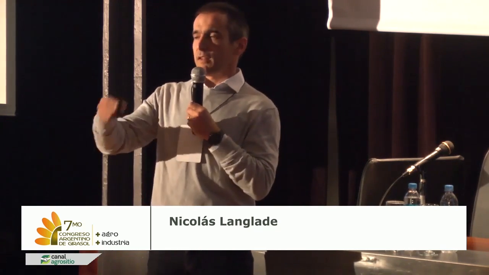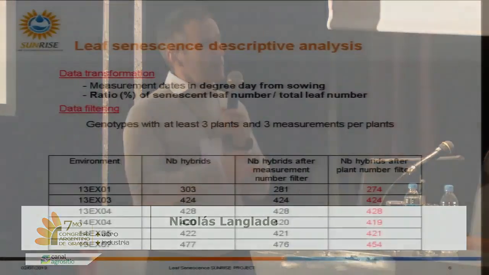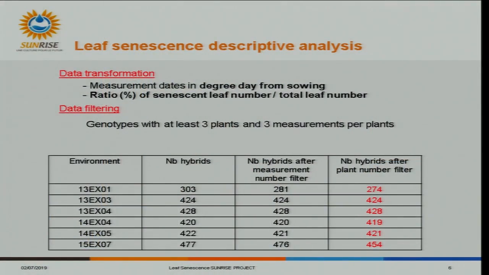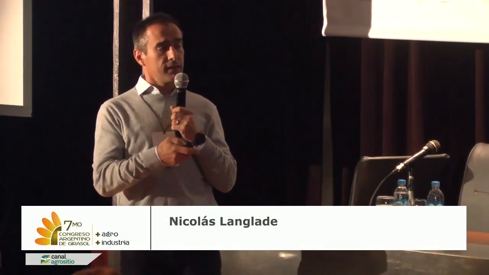So we measured that 3 times after flowering. And we kept these genotypes, and in total, as I mentioned earlier, we have between 274 and 454 hybrids measured in the 6 environments over the 13. Okay, so this is our phenotypic data.